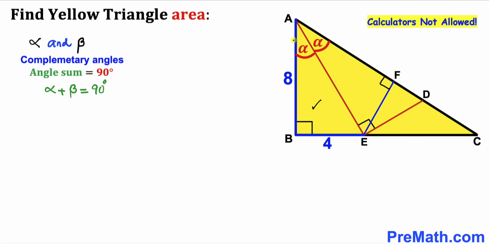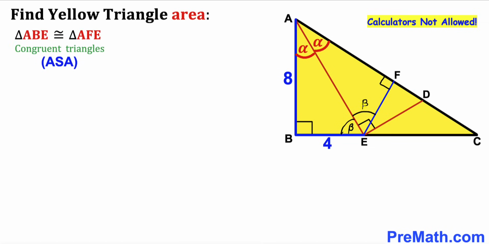We know this angle is alpha, this is our 90-degree angle, so this angle has got to be our angle beta. Likewise, in this other right triangle, this angle is alpha, this is our 90-degree angle, so this angle has got to be our angle beta.